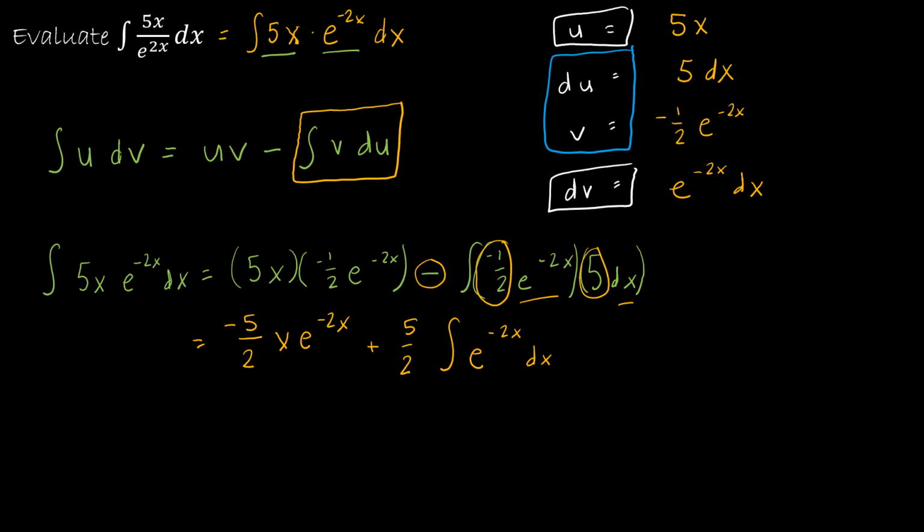Now, we already know what the result is when we integrate e to the negative 2x dx because I did it up here, and so that's what I'm going to get again.